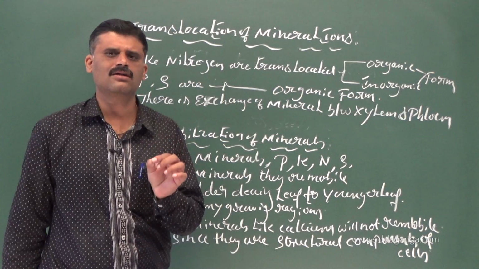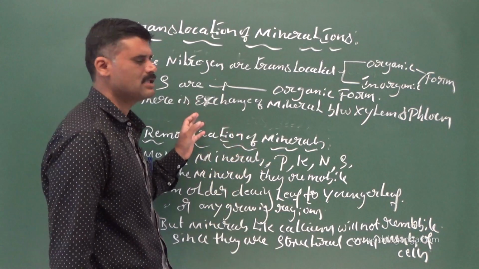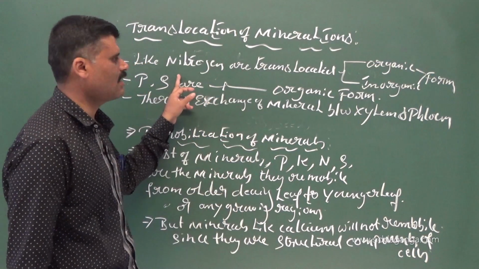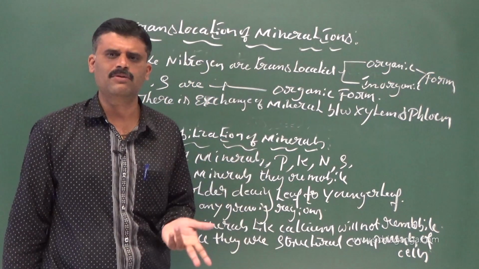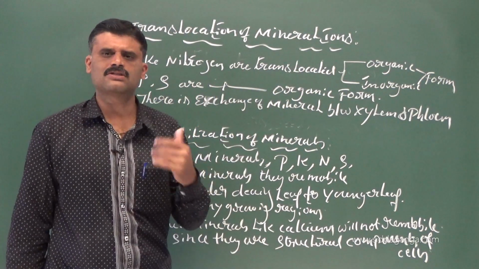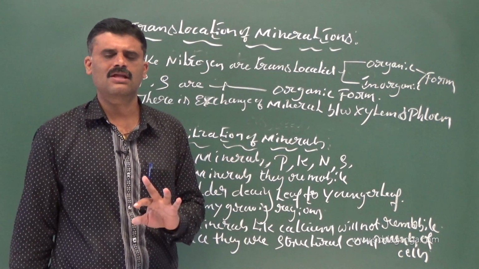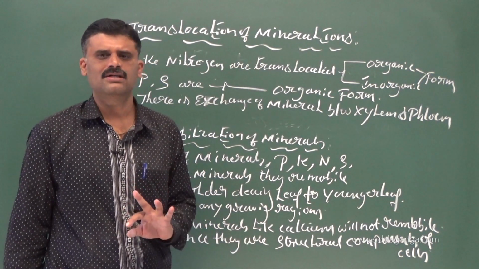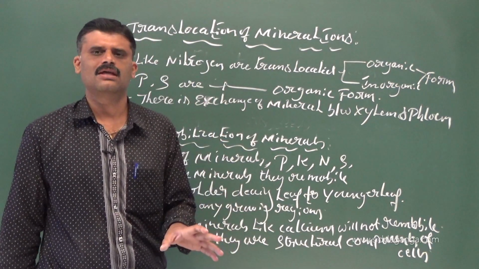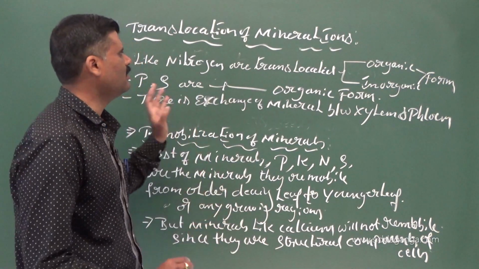It is not truly correct because in xylem transport some minerals are in the form of inorganic and some are in the form of organic. See, nitrogen is translocated by both organic and inorganic, and phosphorus and sulfur are also translocated by both, and there is exchange of organic and inorganic minerals between phloem and xylem. So xylem transport is not purely inorganic and phloem transport is not purely organic.